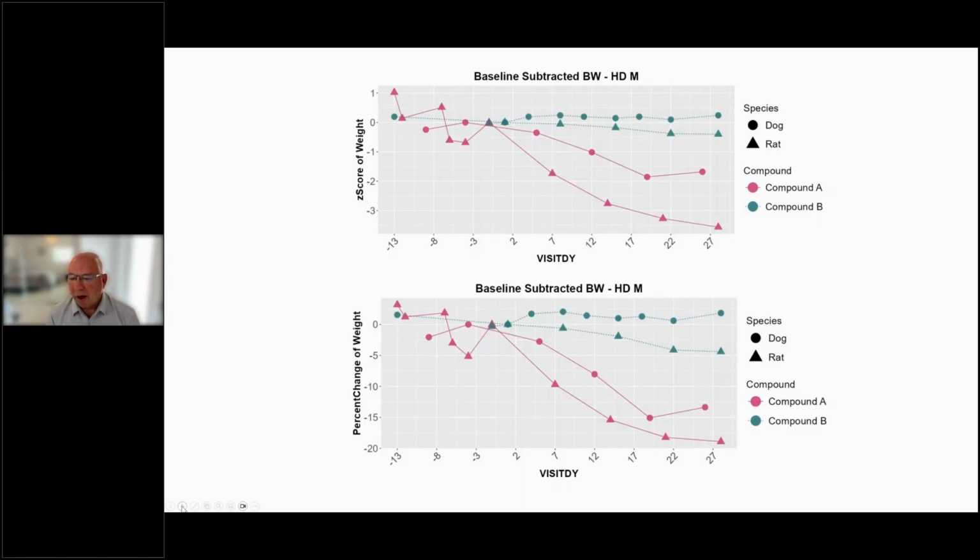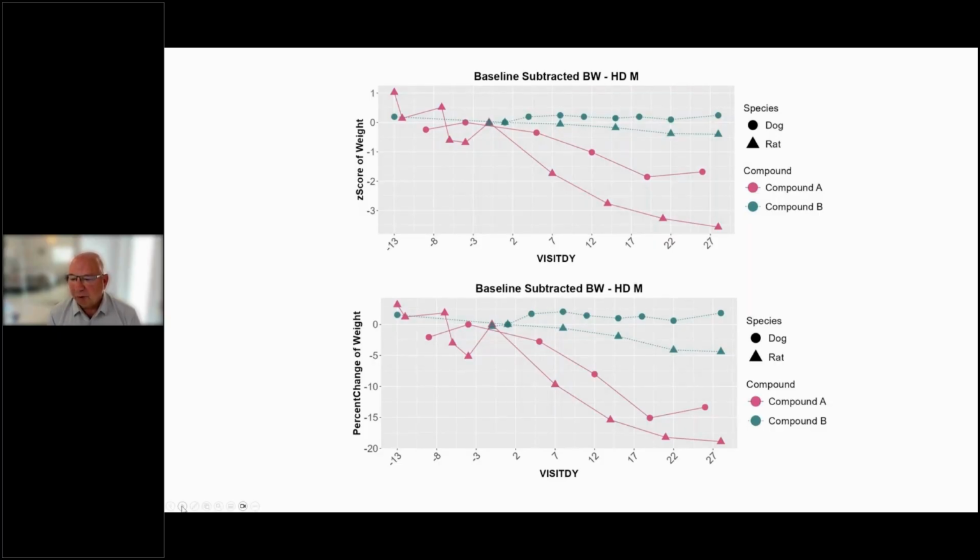The plot on the bottom is in a format where we're looking at percent change. So that sometimes is more easily interpreted by toxicologists and scientists familiar with toxicology data. So there's two ways to do it. We did it with z-score and percent change.